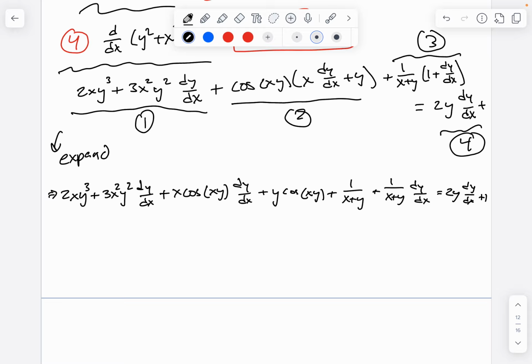So that is the fully expanded version where we multiply everything through.